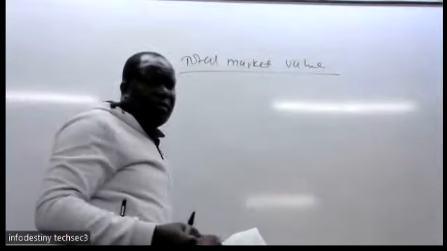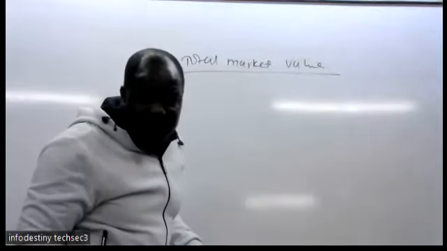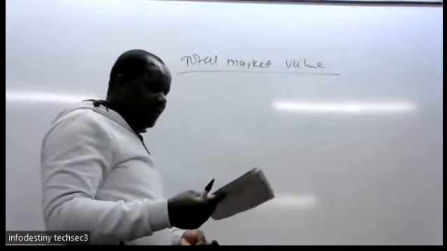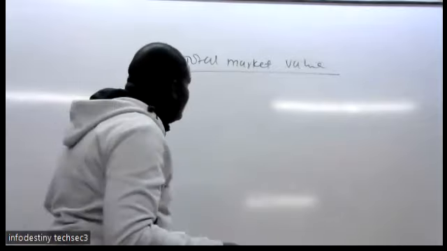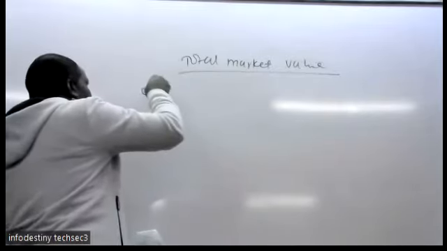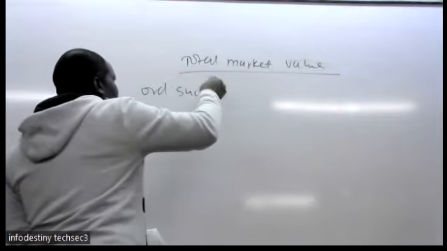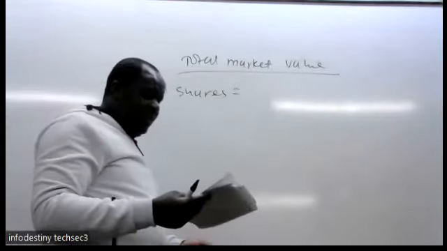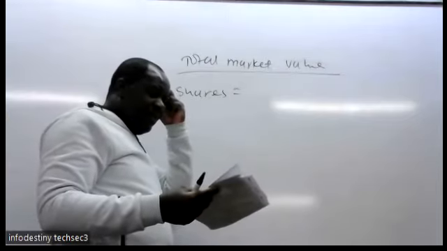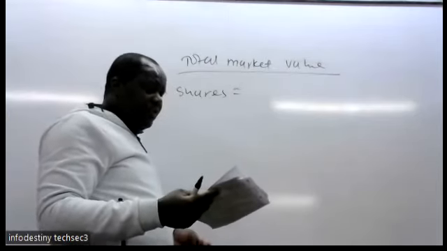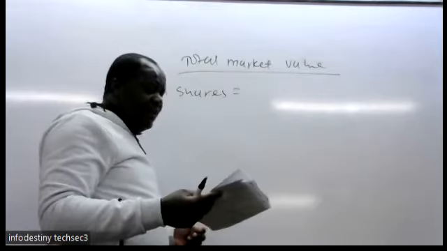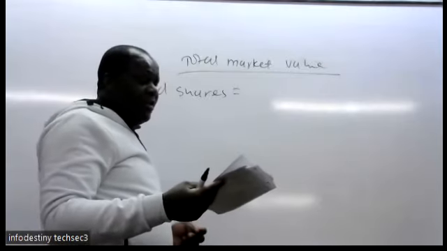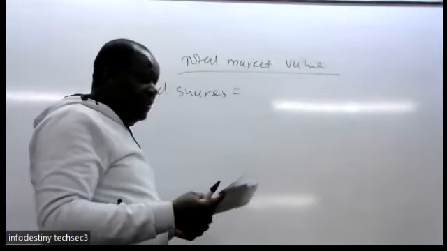To get the total market value, we start with the ordinary shares. The number of ordinary shares was given: financed by ordinary share capital, 3 million shares at 1 each.